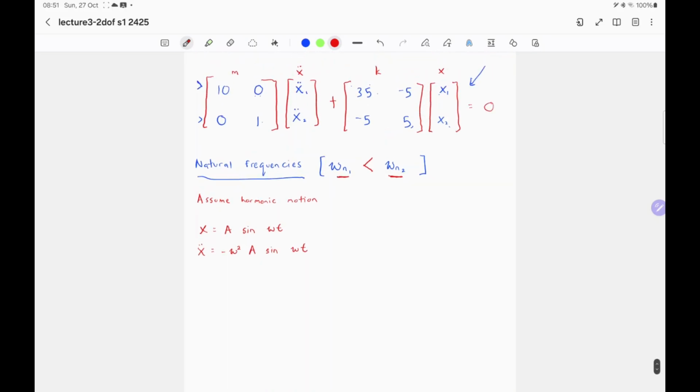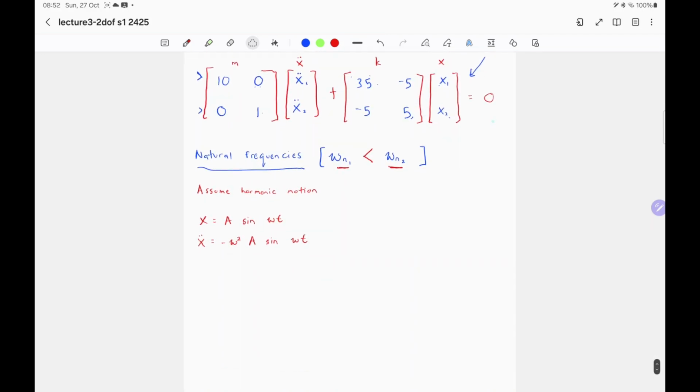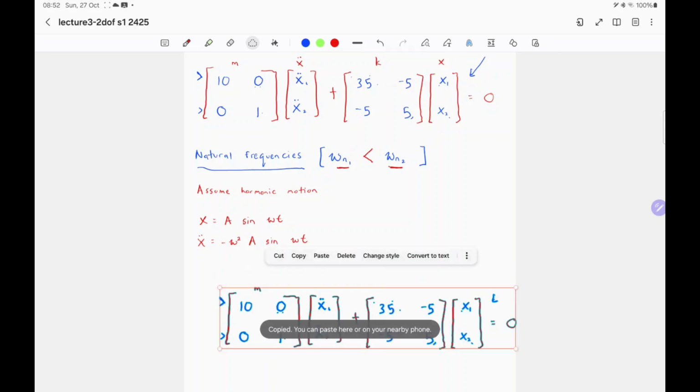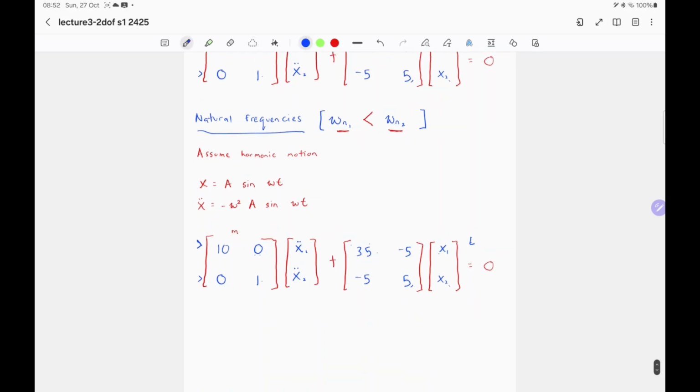Once we have this harmonic motion, what we need to do next is replace this assumption of harmonic motion in the matrix. What do I mean by replace? This equation, x equals A sine omega t, we will replace in the x matrix here, and x double dot will be replaced in here.